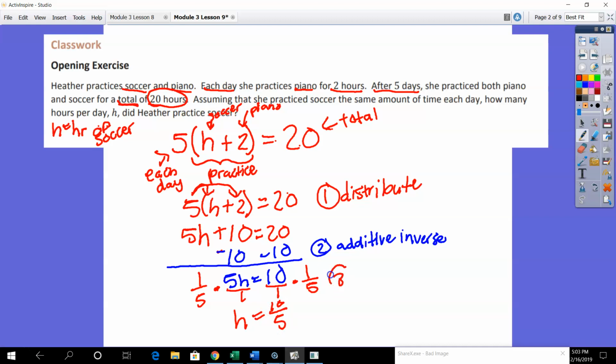So this was multiply by the reciprocal. And then finally, H equals 10 divided by 5. So H is equal to 10 divided by 5 is 2. So 2 hours soccer.